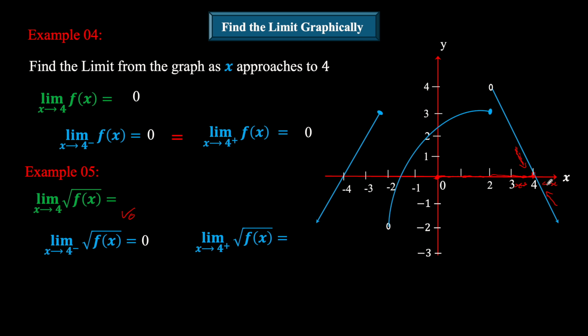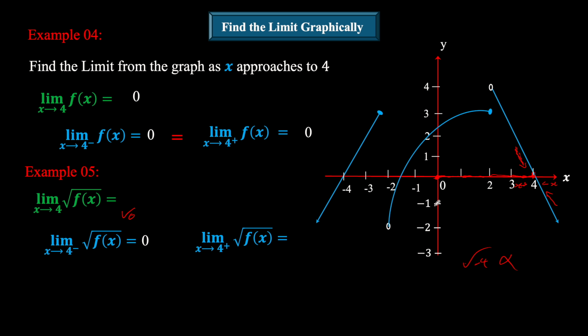So here comes the problem. You remember I already told you that we cannot have the square root of minus 4, for example. This is undefined mathematically. When you take the square root of a negative number, it is not possible, right? So here is the problem.